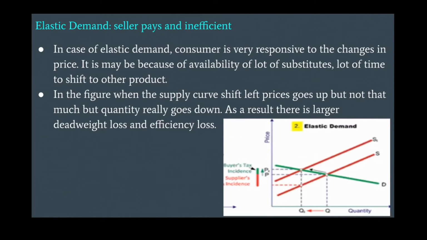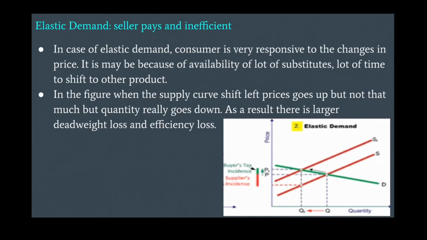The second scenario is with respect to elastic demand. In this, the seller pays and it is inefficient. In the case of elastic demand, the consumer is very responsive to changes in price. It may be because of the availability of a lot of substitutes, a lot of time to shift to another product, etc. In the figure, when the supply curve shifts left, price goes up, but not that much.